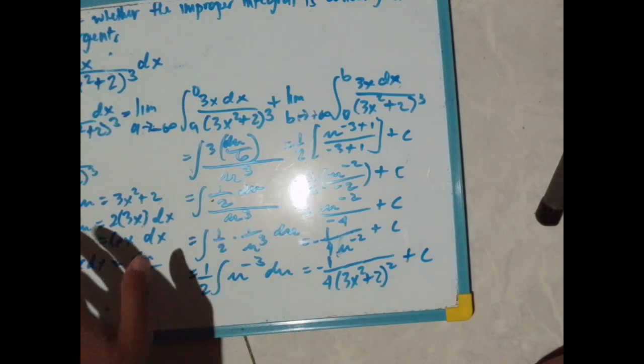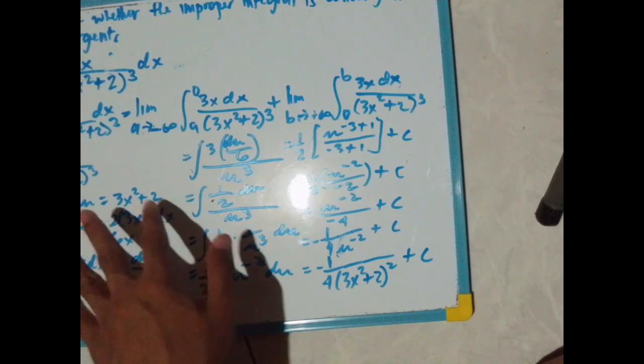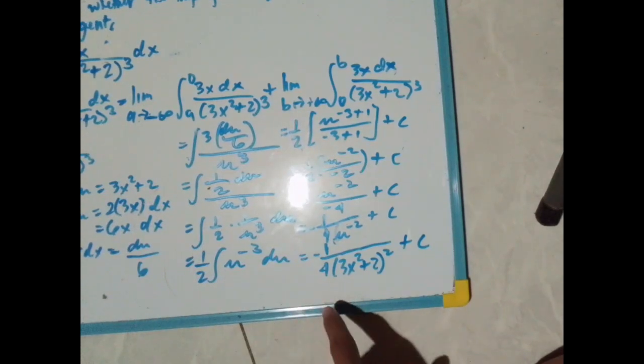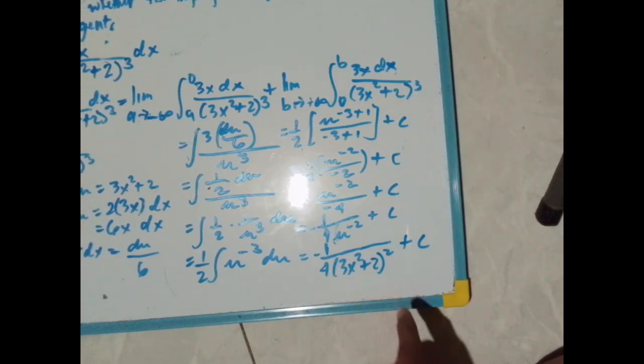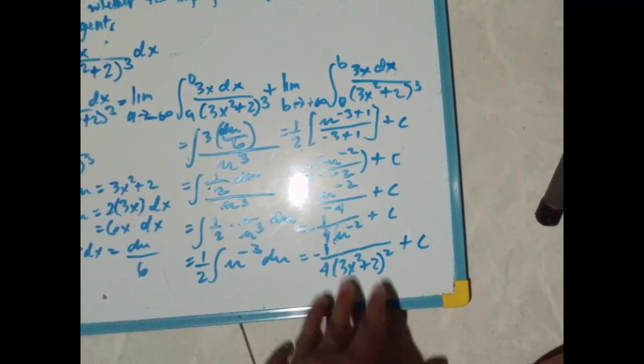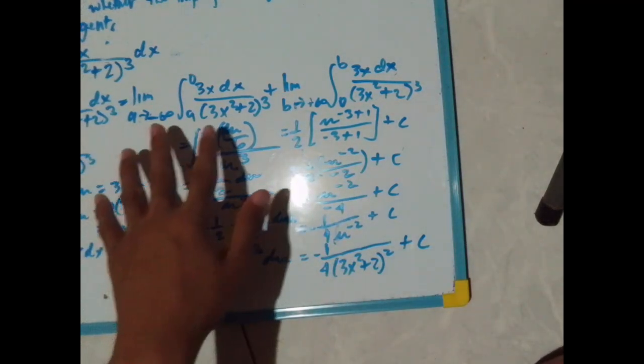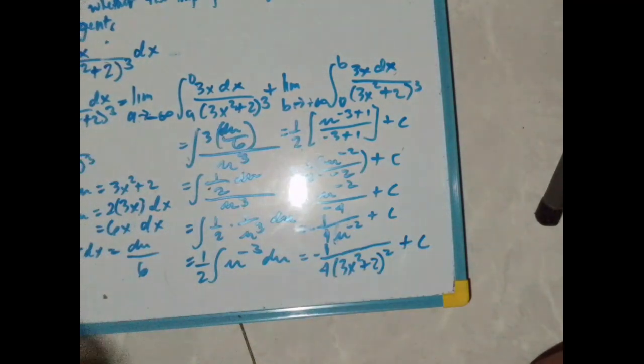Substituting back the original value of u, which is 3x squared plus 2, we have -1 over 4 times the quantity of 3x squared plus 2 raised to the power of 2, plus c. So now we will use this value of the integral we got and substitute it into the definition we used.